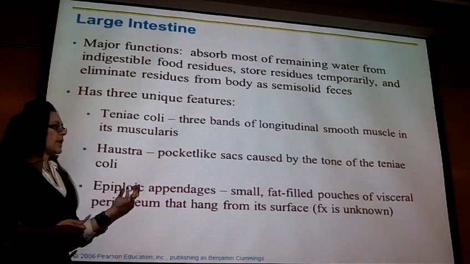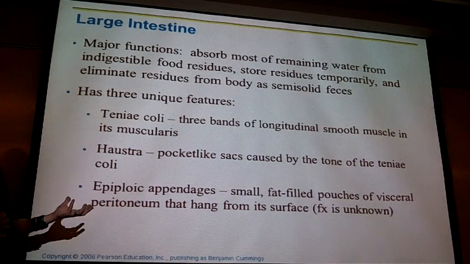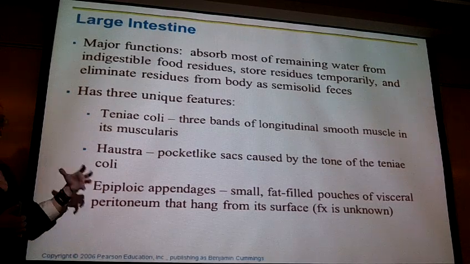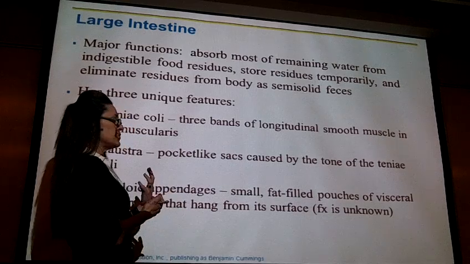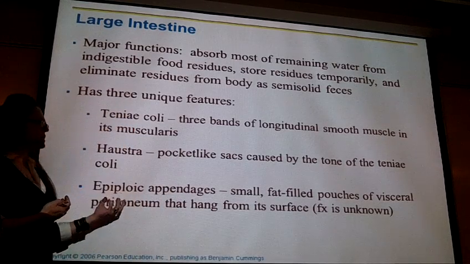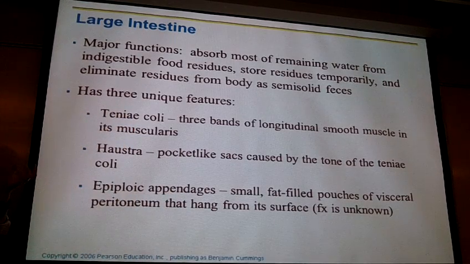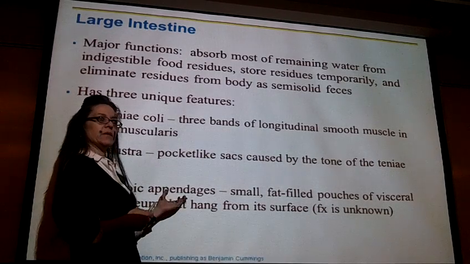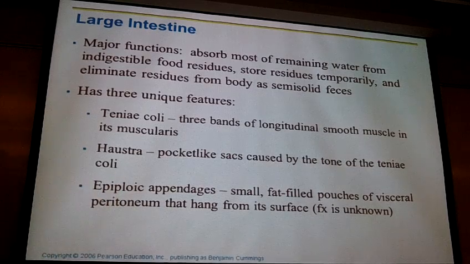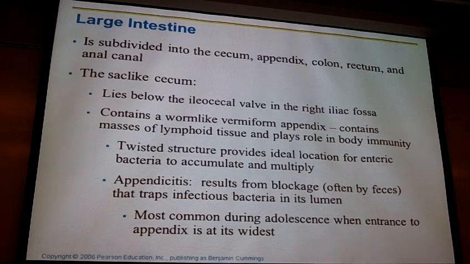It may just be extra places where you find adipose tissue or extra energy reserves. Why they're specifically hanging off of the large intestine is not known, and not all mammals have these, so they don't really have a good understanding of what that is.